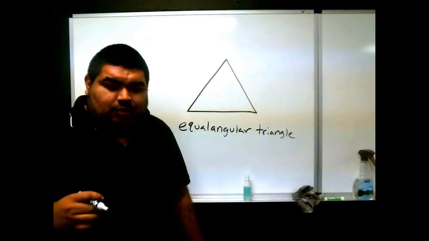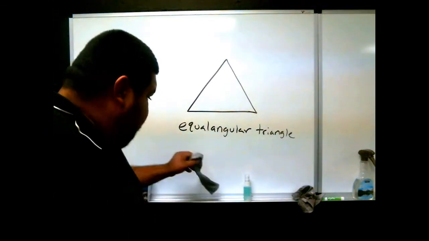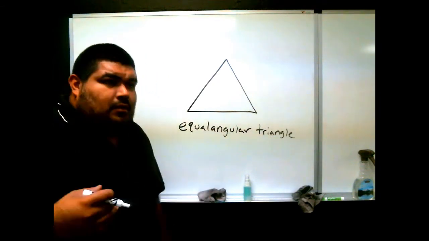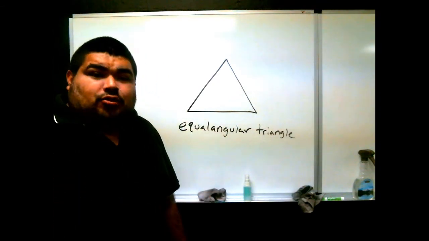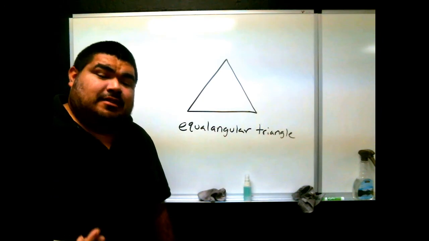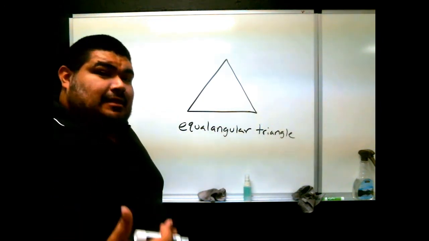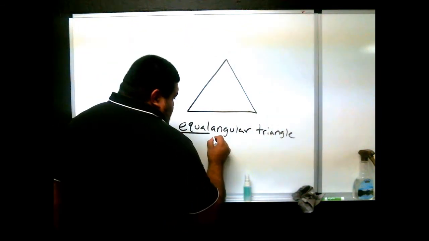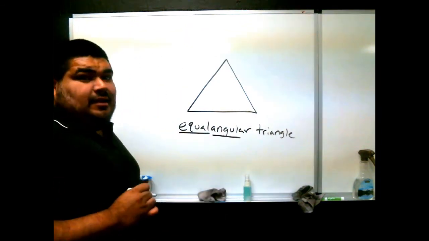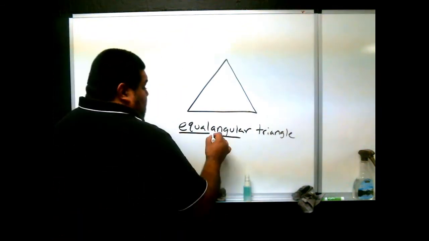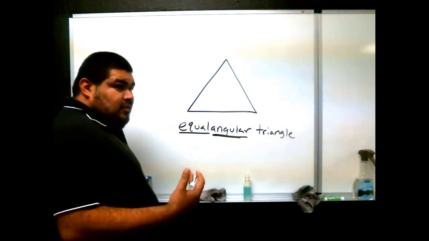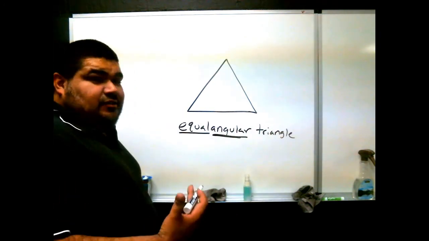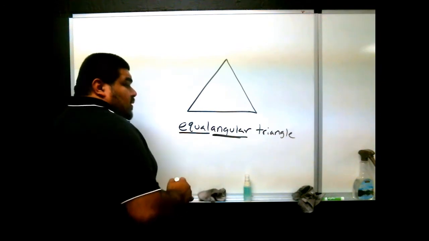If you look at this triangle here, an equiangular triangle usually means that. It says it in the name, guys. Equal, and then angular. Angular is another way of saying angle, in a fancier way. So equal angle.